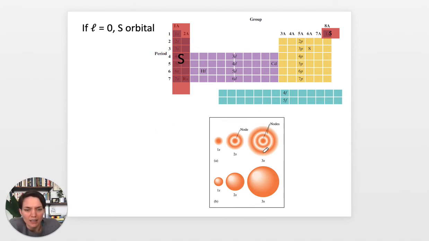So here, if we had n equals 3, we have 3 levels to that s orbital, and we would have 2 nodes. A node separating the n equals 1 and n equals 2 s orbitals, and then a node between the second s orbital and the third. Okay, so that's an s orbital. S orbitals are spherical.